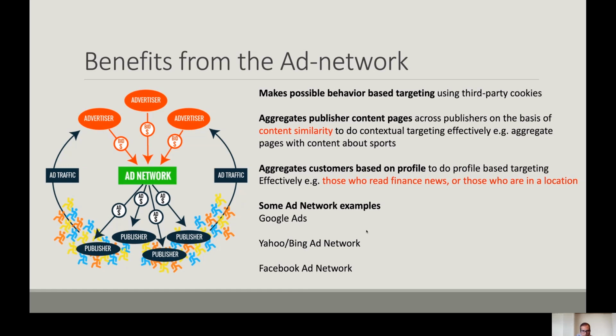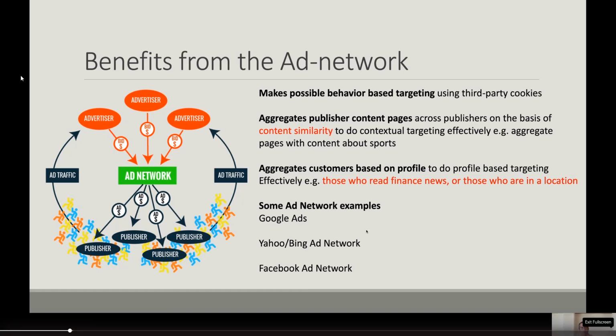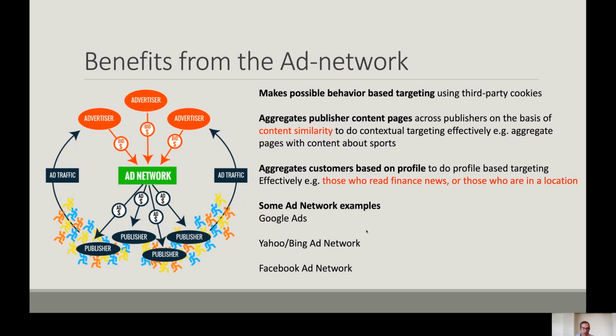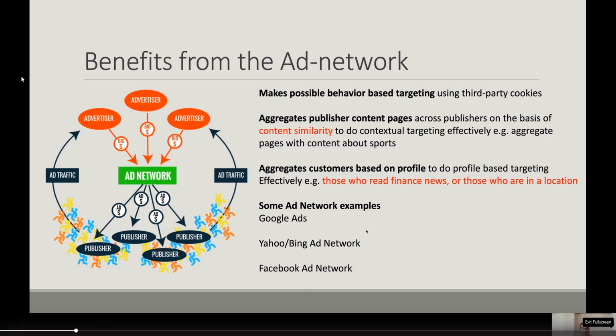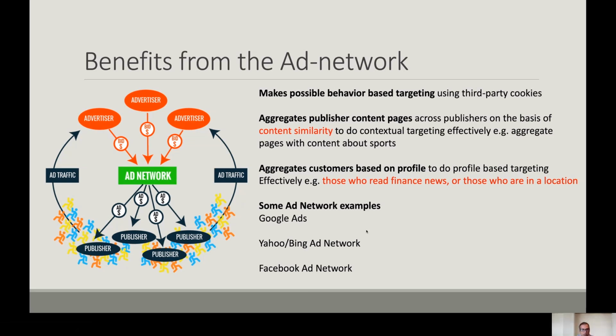Again, based on the third-party cookies, they're able to track consumers and see which people read finance news or which people are in a particular location, and then sell impressions about people who read finance news to a certain advertiser who may be interested in such kinds of consumers, right? So these are the different ways in which ad networks help in targeting different segments of consumers, and therefore they add value for the advertiser.